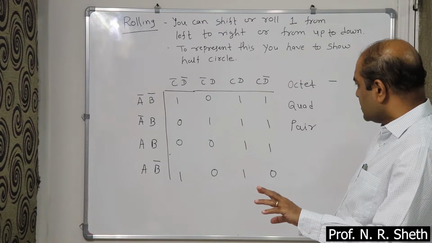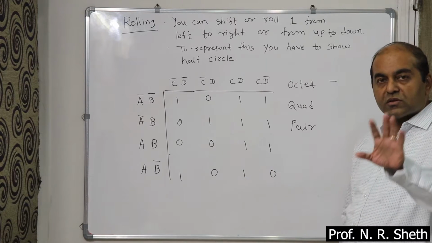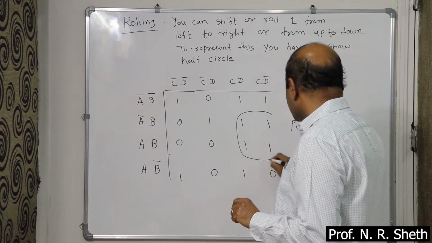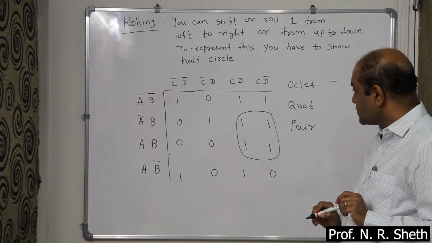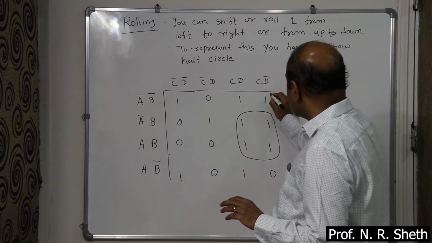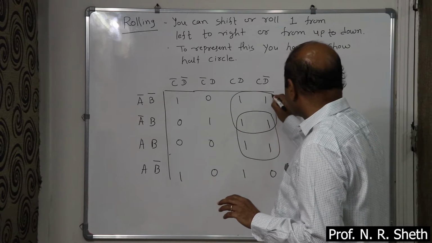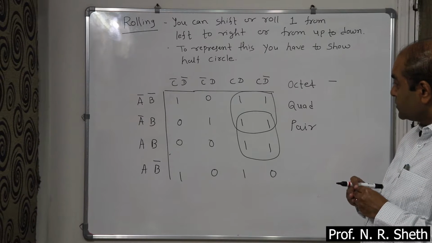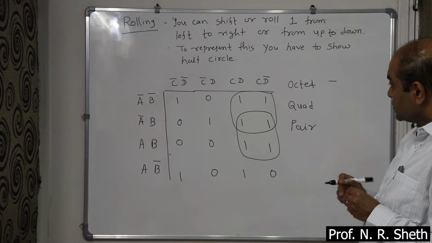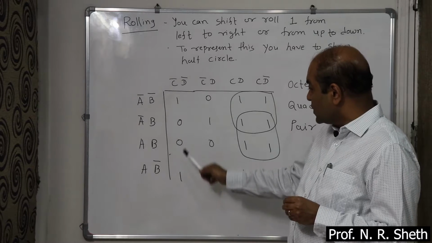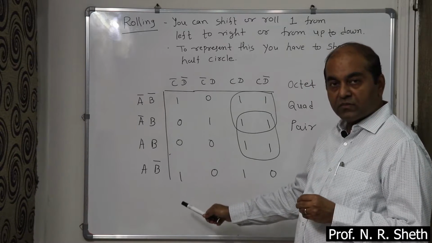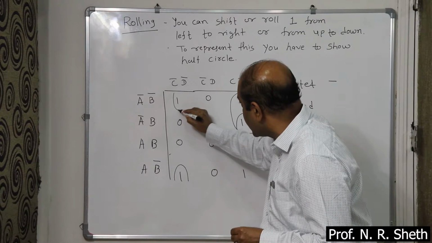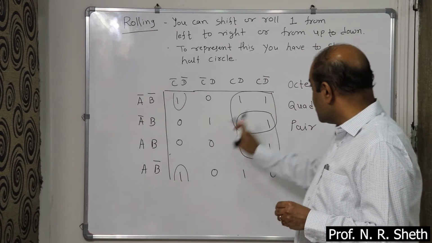Now the maximum combinations for a group of 4. So the first one is here, the second one is here. Now this one and this one, so you can have a pair. 1, 2, 3 is there.